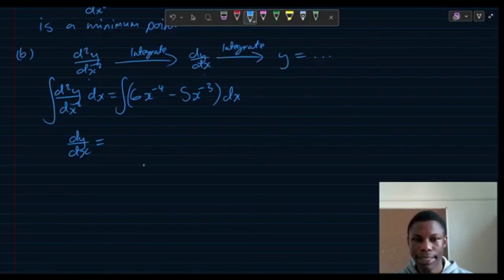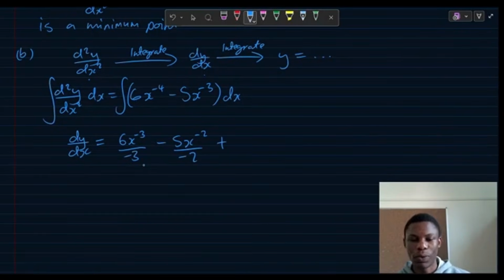If you integrate 6x to the minus 4, you're going to add 1 to the power. So negative 4 plus 1, that's negative 3. Divide by the new power, minus 5x. Add 1 to negative 3, so negative 3 plus 1, that's negative 2. Divide.